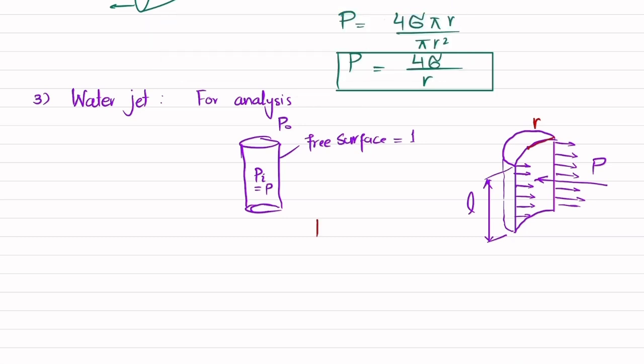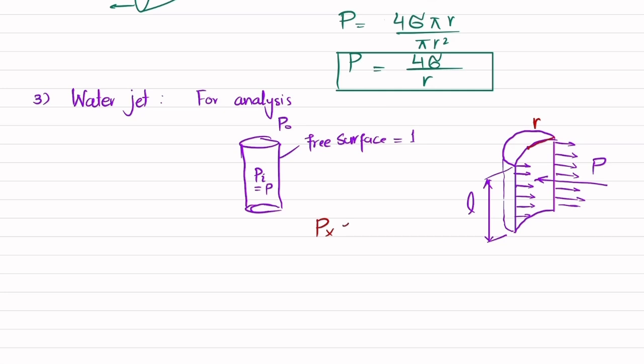So I will write force towards left will be P into the projected area. You can see this is R, so 2R multiplied by length. This will be the projected area over which this internal pressure is applied, which will give you the force.